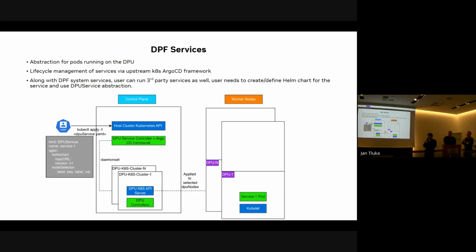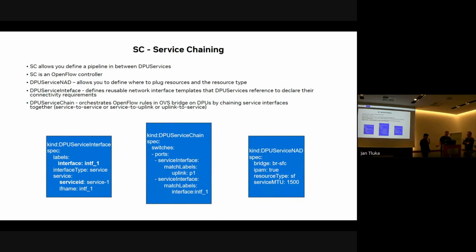And this is the common theme for the entire DPF project: you have CRDs and abstraction for everything. You specify it in the main cluster, then controllers come into the picture. They convert it into something for the Kamaji DPU clusters. And then eventually either a pod comes up on the DPU or some OpenFlow program will be programmed on the DPU. But some magic will happen on the DPU, and we will hide all of that via abstraction for you. Yeah, and to talk more about magic, I would like to talk about SFCs.